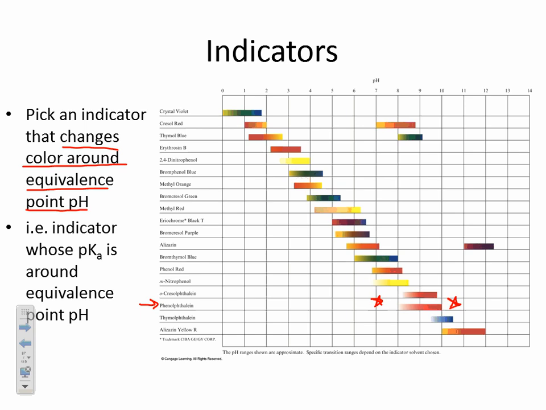So you want to pick an indicator whose pKa is right around the equivalence point pH. Basically, the indicator will change color when its pKa shifts ratios from having more weak acid to more weak base. So that's how you want to pick out your indicator. You want to pick an indicator whose pKa matches up with what you expect the equivalence point pH to be.